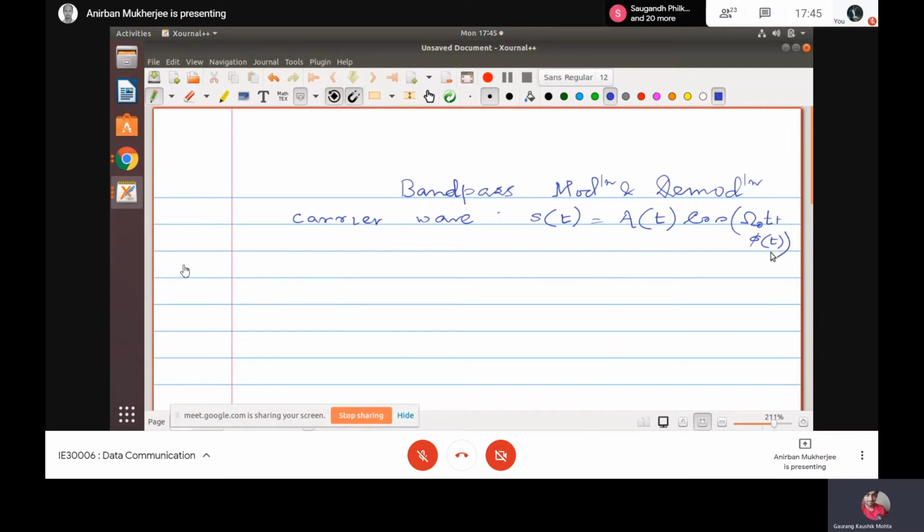But what we do in this Lathi's book is that we first talk about digital carrier signals. That means the carrier is cos omega c t, and the modulating signal is m(t).